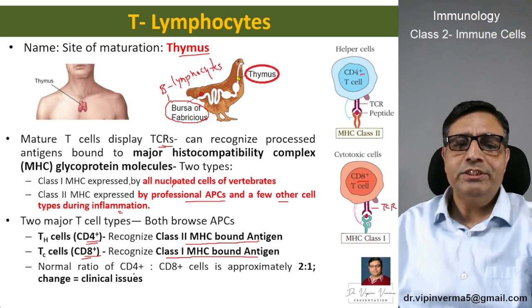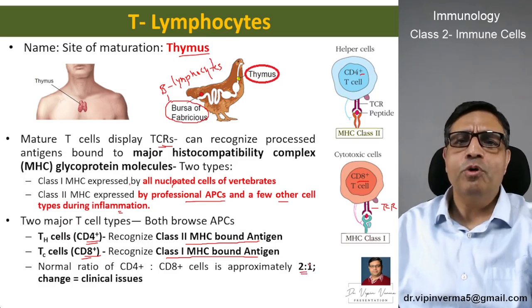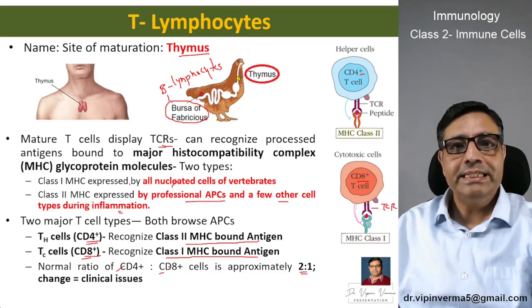So the normal ratio of CD4 positive and CD8 positive cells is approximately 2 to 1. So out of roughly 3 cells, 2 cells will be helper cells and 1 cell will be the TC cell. This is the normal ratio.